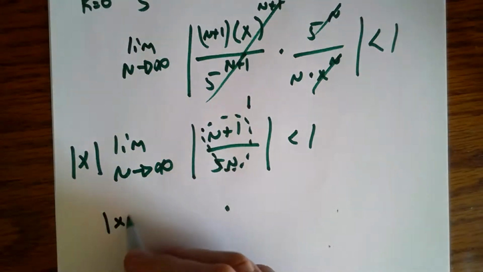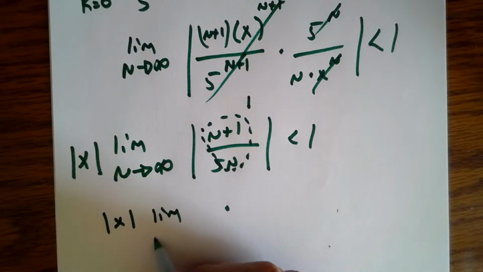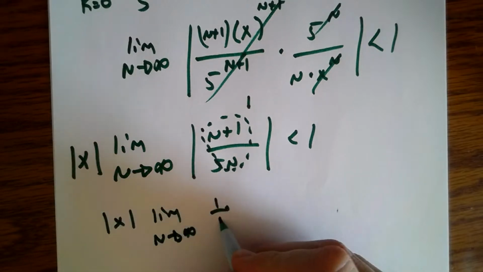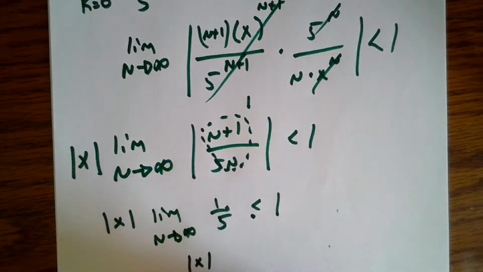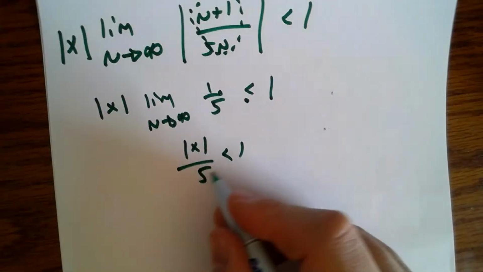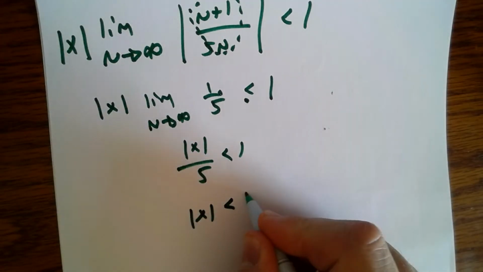So we had the absolute value of x times the limit as n goes to infinity of 1/5, which was less than 1, which means that the absolute value of x over 5 had to be less than 1. Okay, so then multiply both sides. So the absolute value of x has to be less than 5.